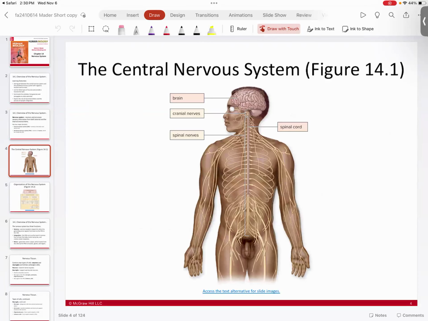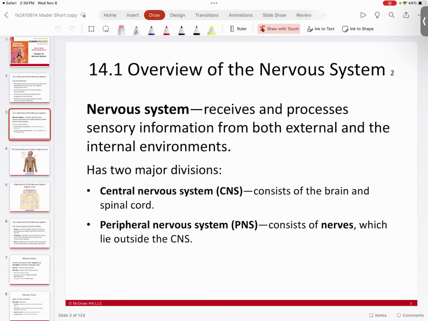So when we take a look at the nervous system, we can break it up into two basic halves. So essentially the purpose of the nervous system is as a regulatory system. Its job is to take in sensory information from the outside world, both external and internal. So not just the environment outside, but the environment inside your body as well. And then it will send out communications to the body. So it's a coordinator. So this is a big coordination system.